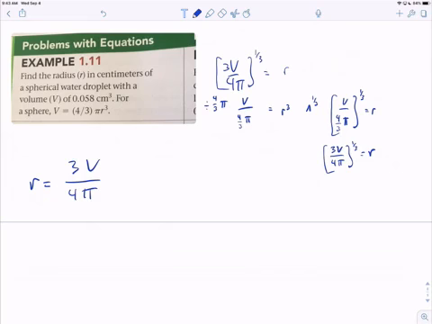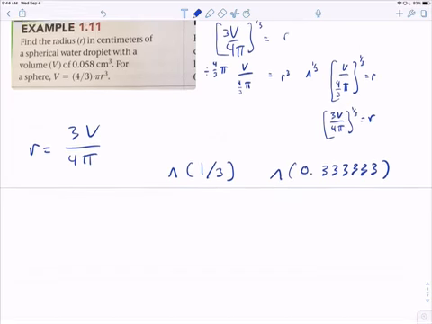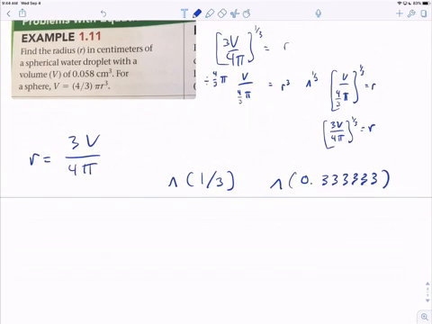If your calculator doesn't have that function, you can use this caret and then do 1 divided by 3 in parentheses. You can also do the caret 0.3333333 like that. Those are other ways you can do it if you don't have the cube root, because a lot of times you have to hunt for the cube root function in your calculator. So I do it that way.